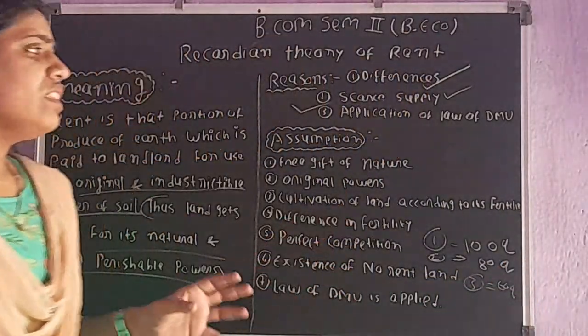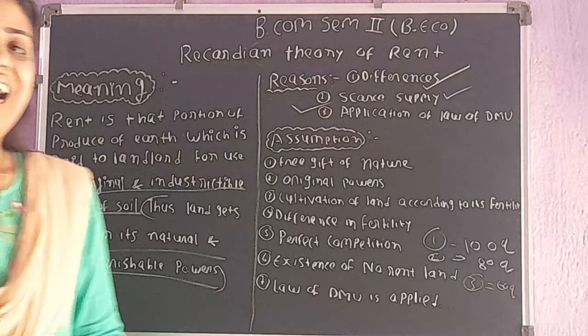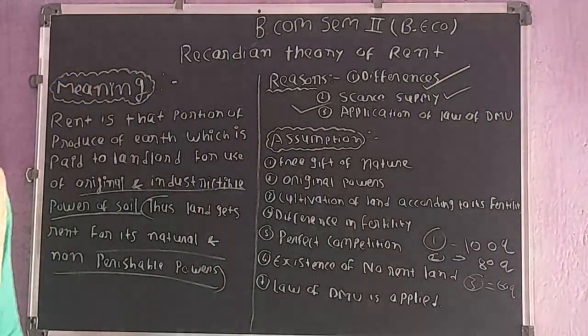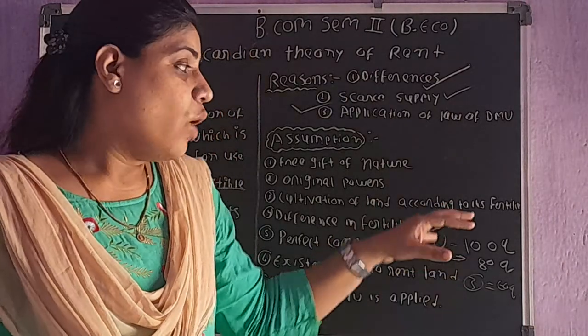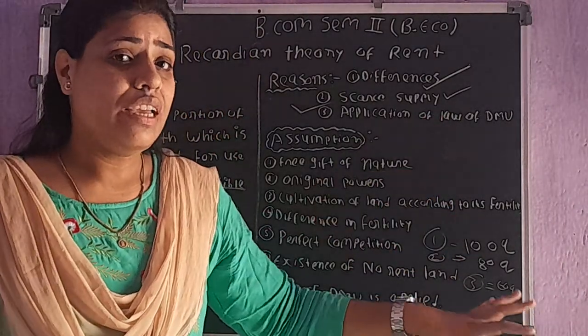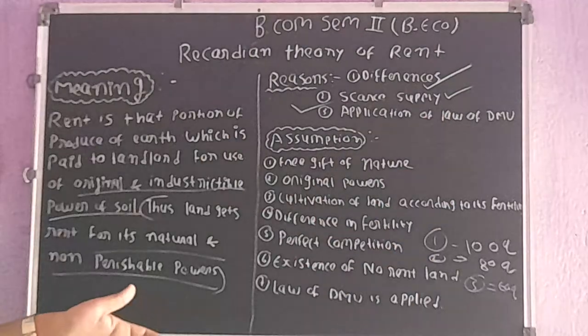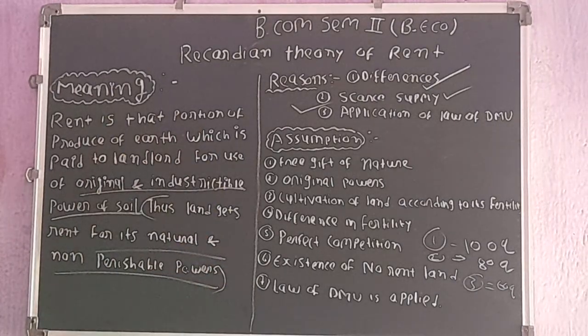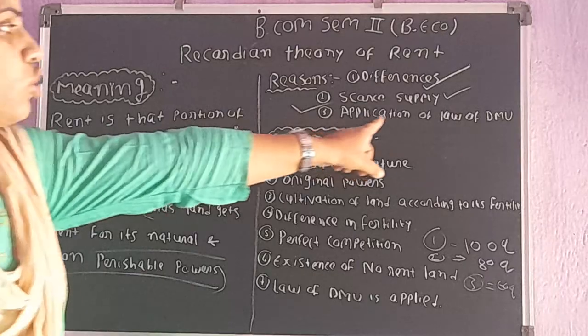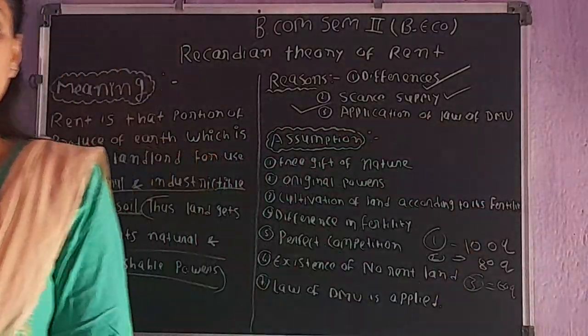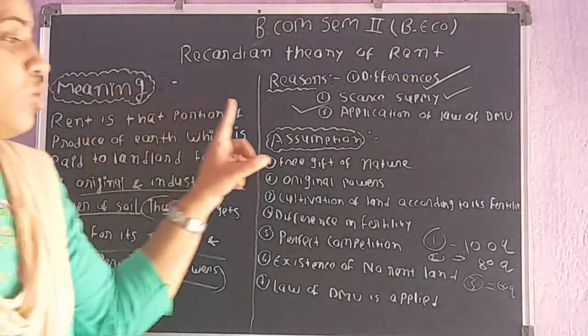So this way, when the same piece of land is again intensively used for cultivation, the output is getting diminished. Okay, why? Because the indestructible powers are getting reduced. So that is why we say that on the land there is application of the law of diminishing marginal utility, which is one of the reasons for the emergence of rent.